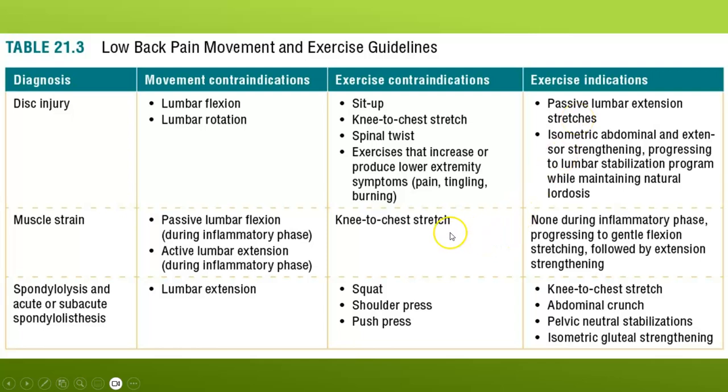So if you have somebody with spondylosis or spondylolisthesis, we're staying out of lumbar extension. We're not doing squats. We're not doing shoulder press or push press. One could imagine the forces on the lumbar area of the spine. But these we would do: knees to chest stretch, abdominal crunch, pelvic neutral stabilizations, isometric gluteal strengthening.